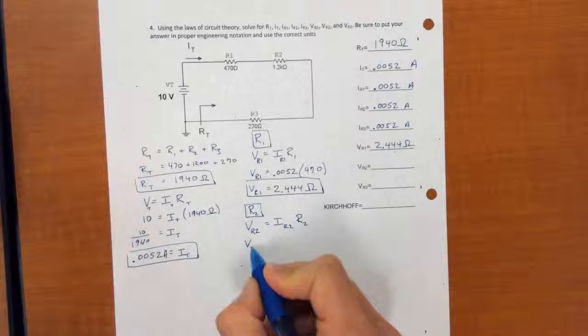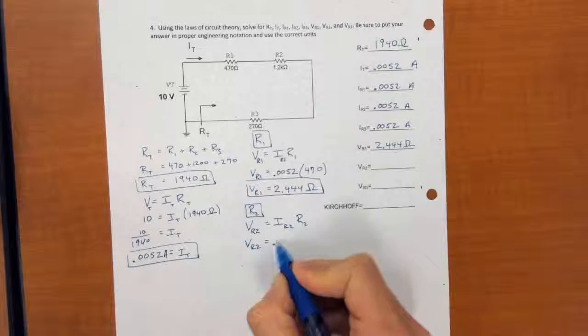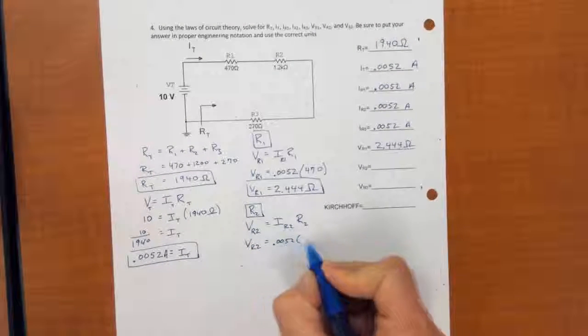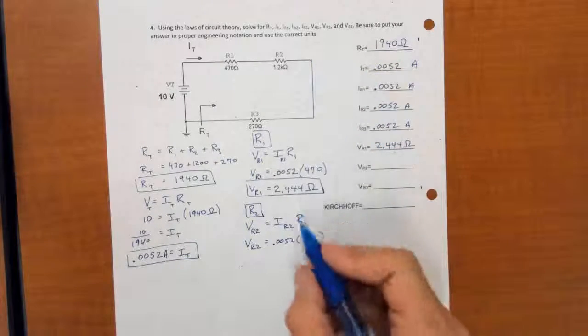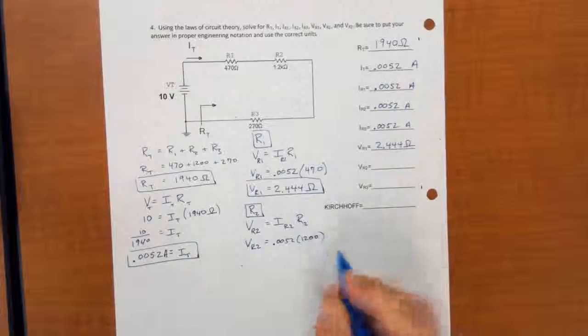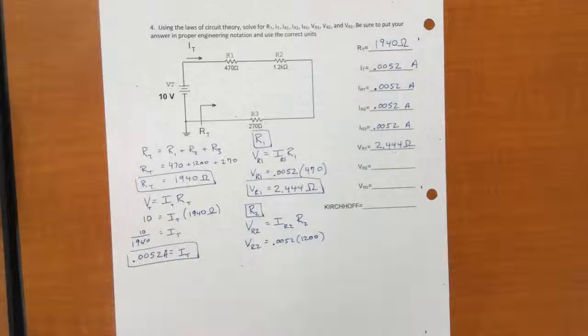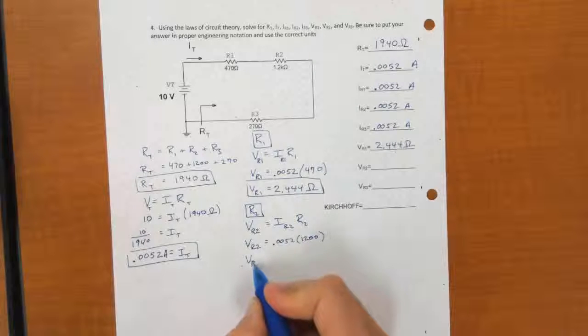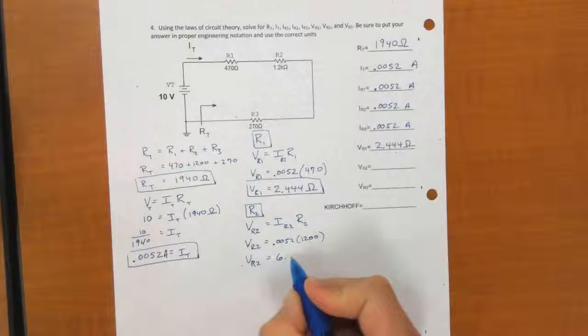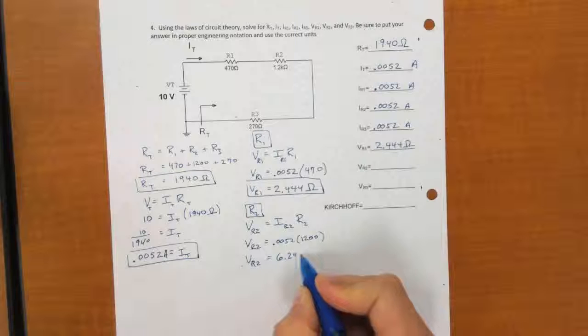So again, the volts is what we're looking for. The current is our 0.0052. And the resistance of this one is the 1.2 kilo ohms, or 1200 ohms. So now we'll do 1200 times 0.0052, and I get 6.24 volts.